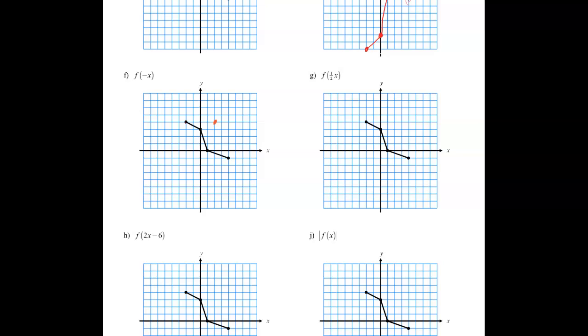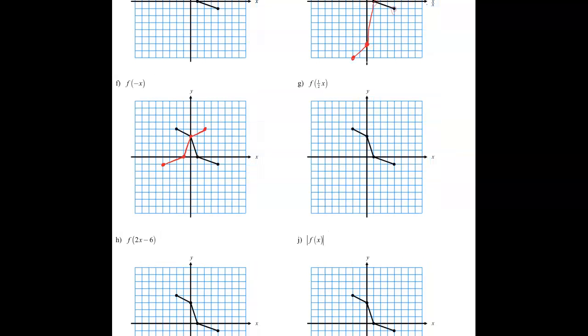Reflecting over the y-axis is still going to put me here, and again, and then reflecting over the y-axis should put me right there. Connect your dots, and you're done.